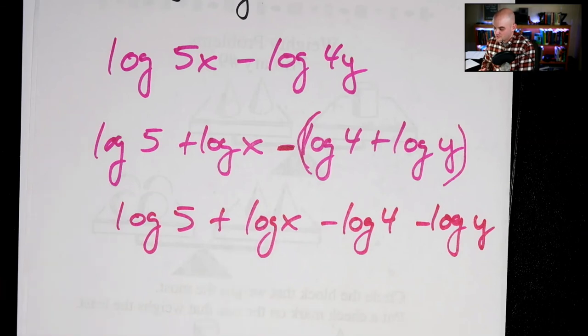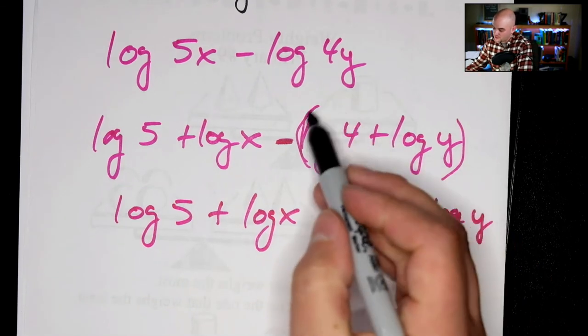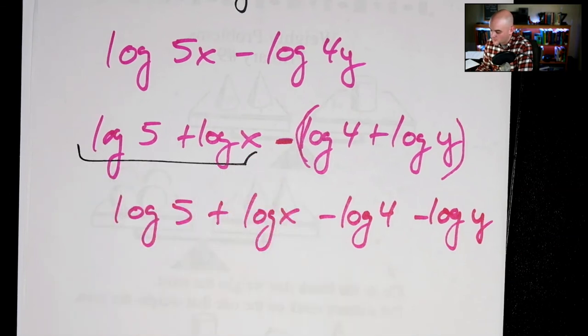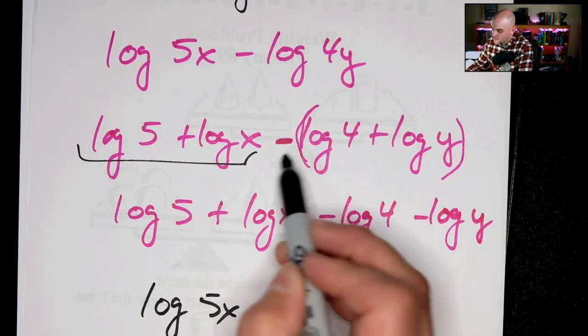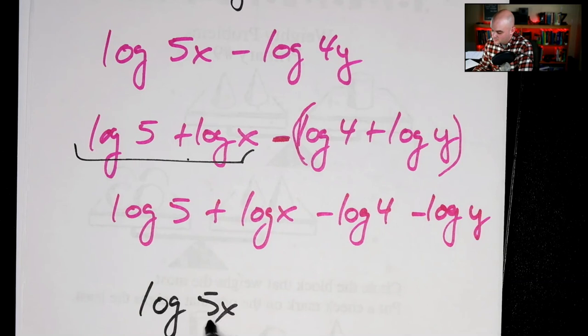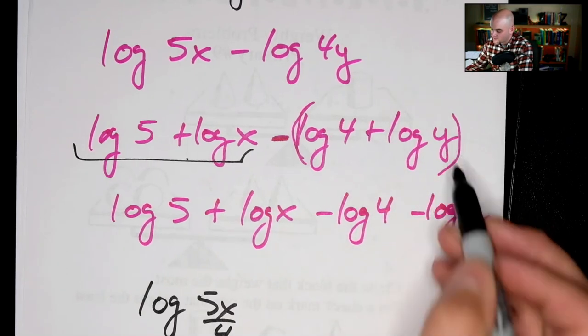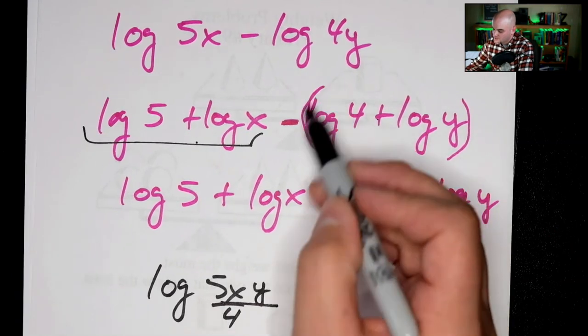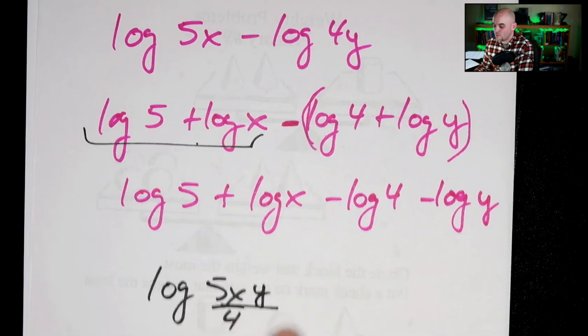Let's suppose you didn't write the parentheses here. This is the way I'm looking at it. If I'm combining it, order of operations says combine those first, and you get log of 5x. Then I take this, and that becomes over 4. Then I see that plus symbol there, and I times it by y. This is what you get if you don't wrap it in parentheses, which is not the original.